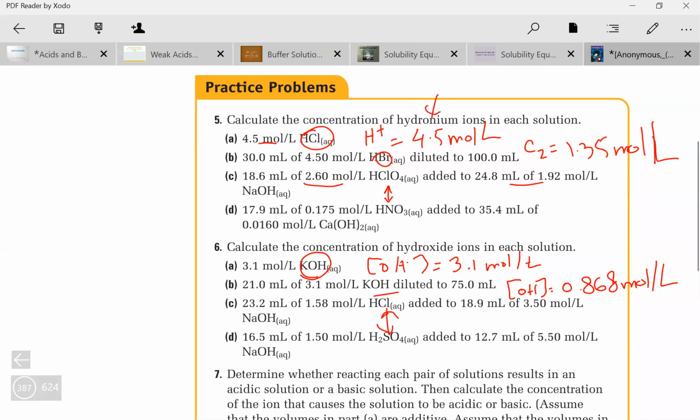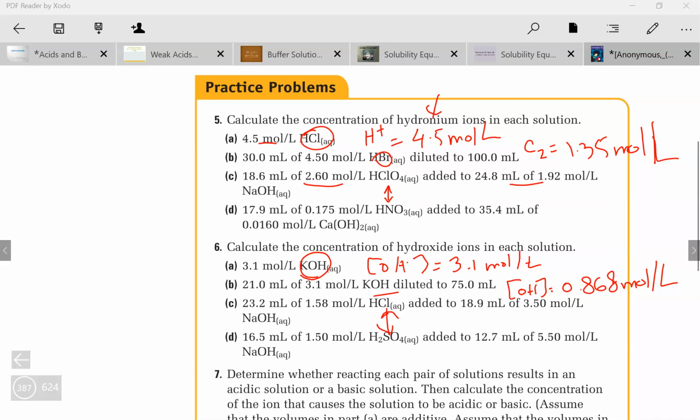Here, it's asked you to calculate H plus ions, so you have to assume that the base is the limiting reagent. And this is, fortunately, a 1-to-1 ratio, so there's no problems there.